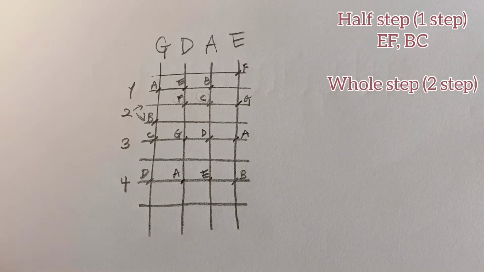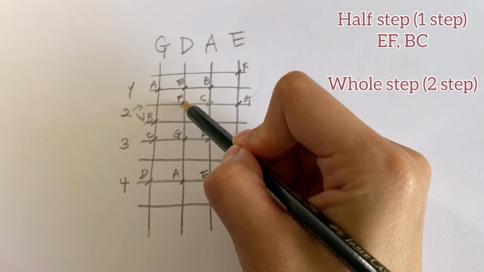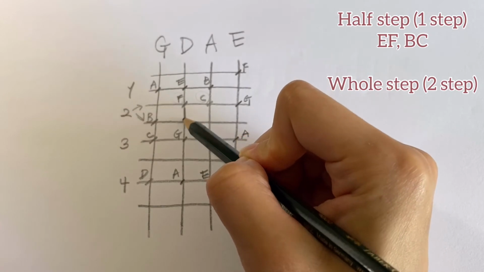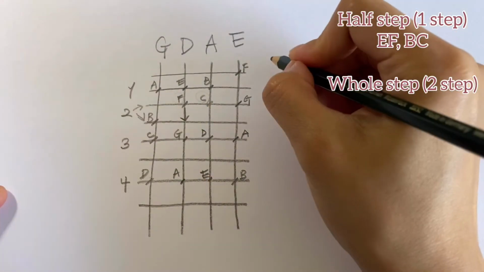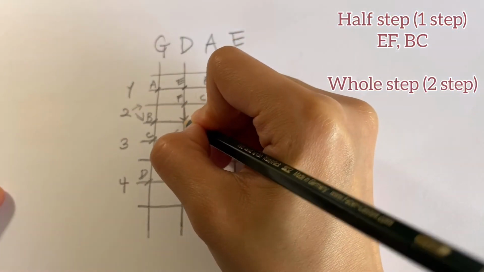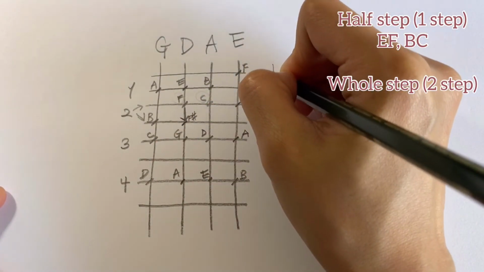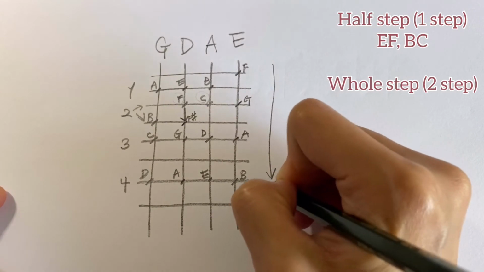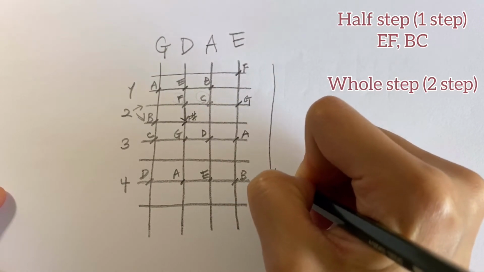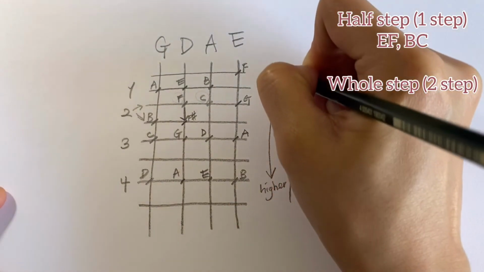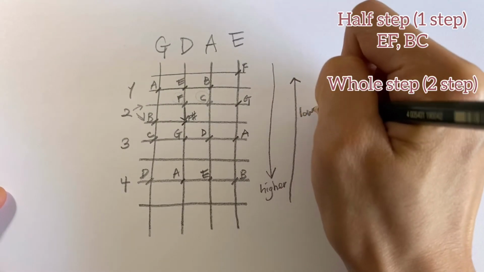Now let's see how accidentals are applied. So a half step higher from F is F sharp. So here's F sharp. And towards your face, the pitch gets higher, and towards the scroll, the pitch gets lower.